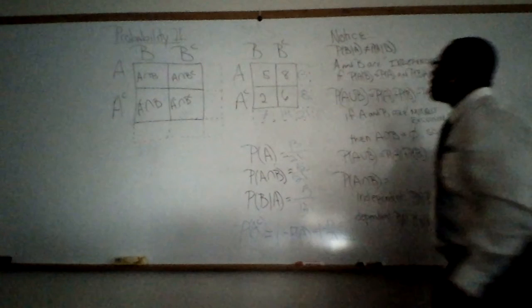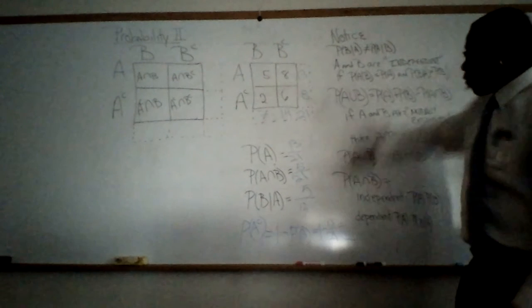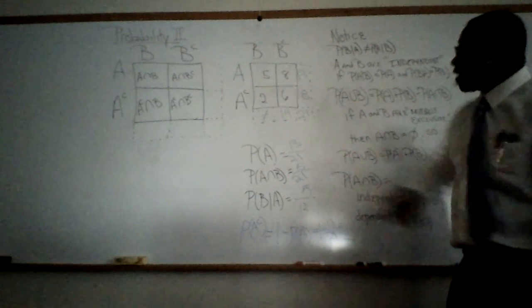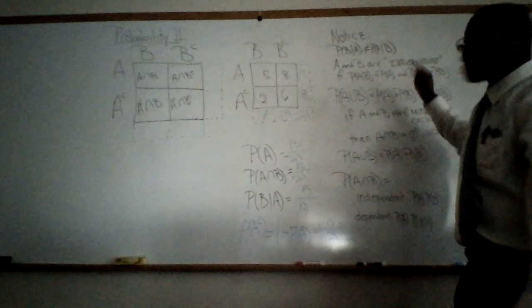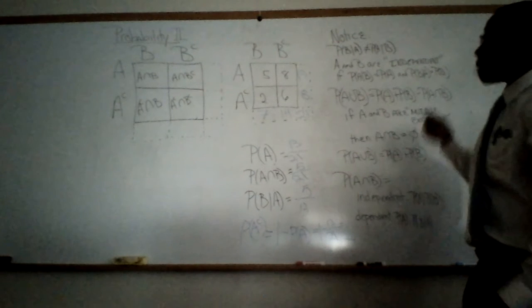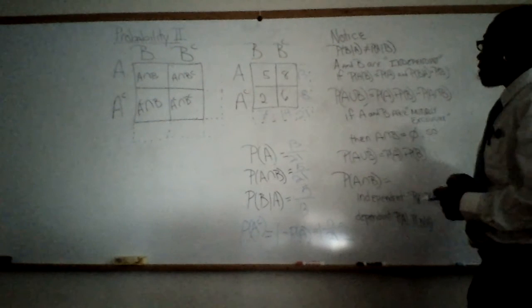Boom. Notice that when we're doing these conditional probabilities, the probability of B given A is not equal to the probability of A given B. Make sure you work that out for yourself.